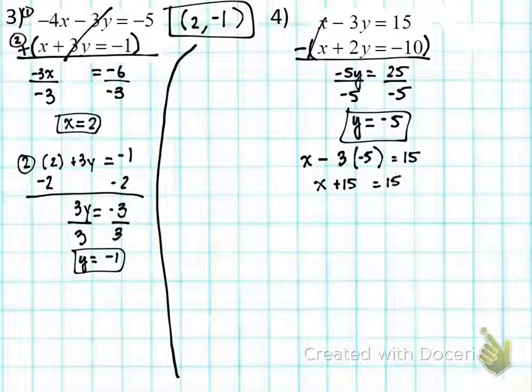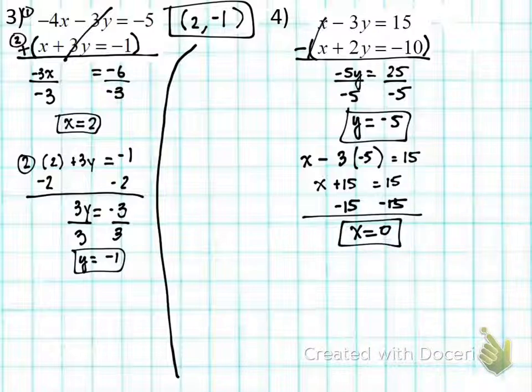Subtract 15 on both sides. What's x equal to? So our ordered pair should be 0, negative 5. That's your answer. Some of you put 1.